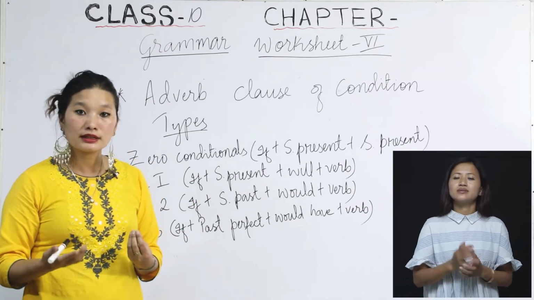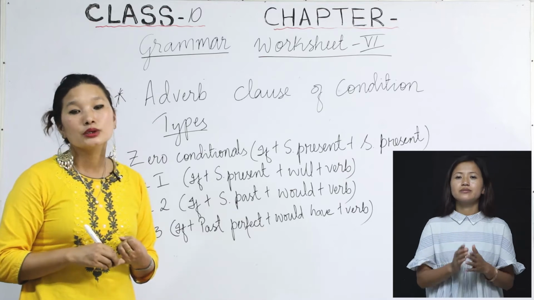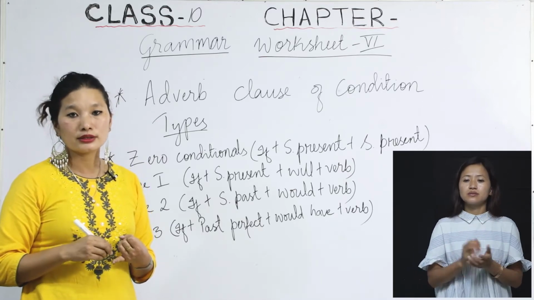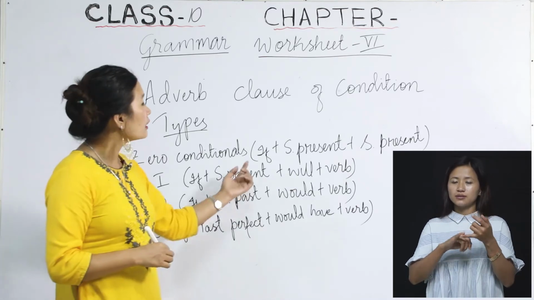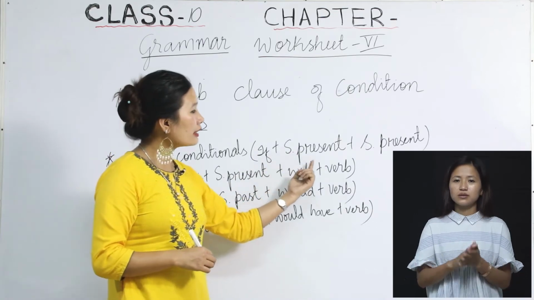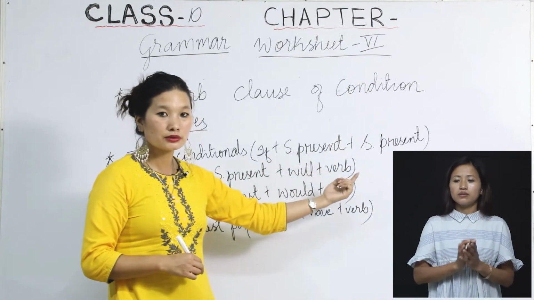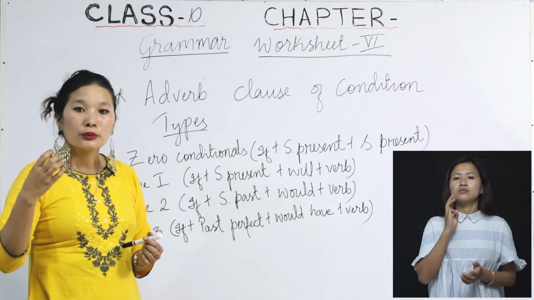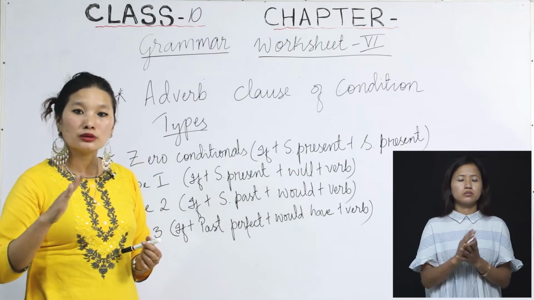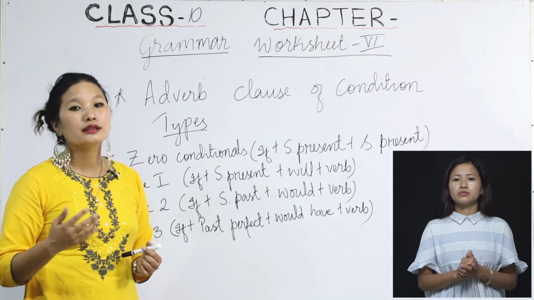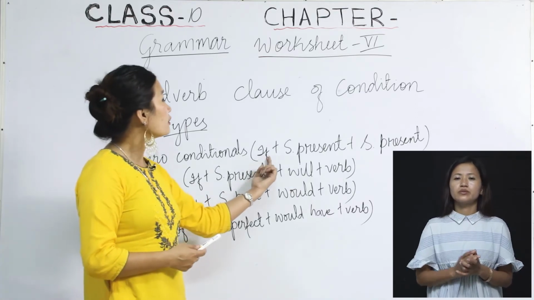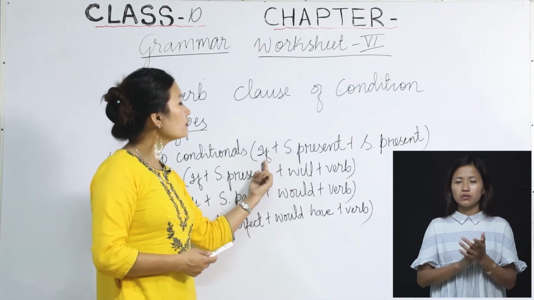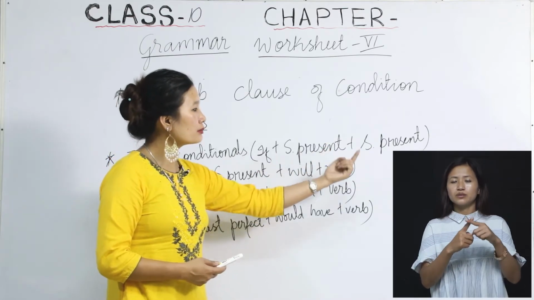Because we have discussed that in a simple present tense you can add s or es to the verb. So if an apple falls from a height, it falls to the ground. You do not have to use the word will again, because whether you say that or not, it will always fall to the ground. And that's why the formula is given as if plus simple present plus simple present.